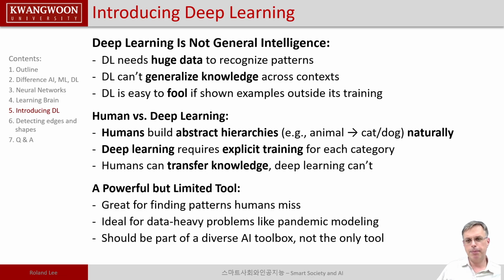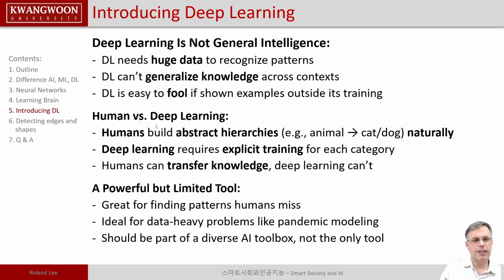Okay, deep learning may seem to be a larger neural network that runs on more computers. So see here again, deep learning needs huge data. Deep learning cannot generalize knowledge across contexts. And deep learning is easy to fool, as I mentioned before.